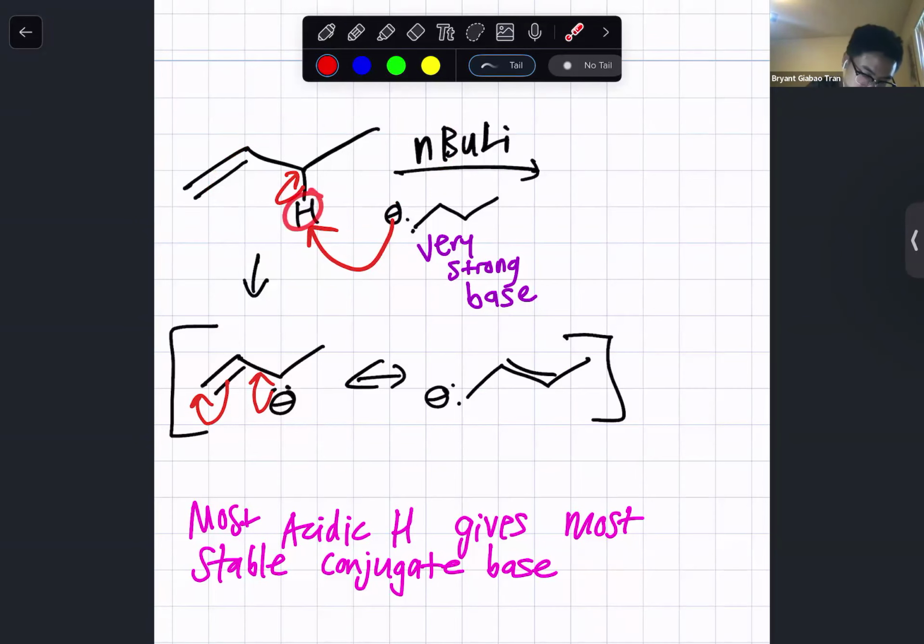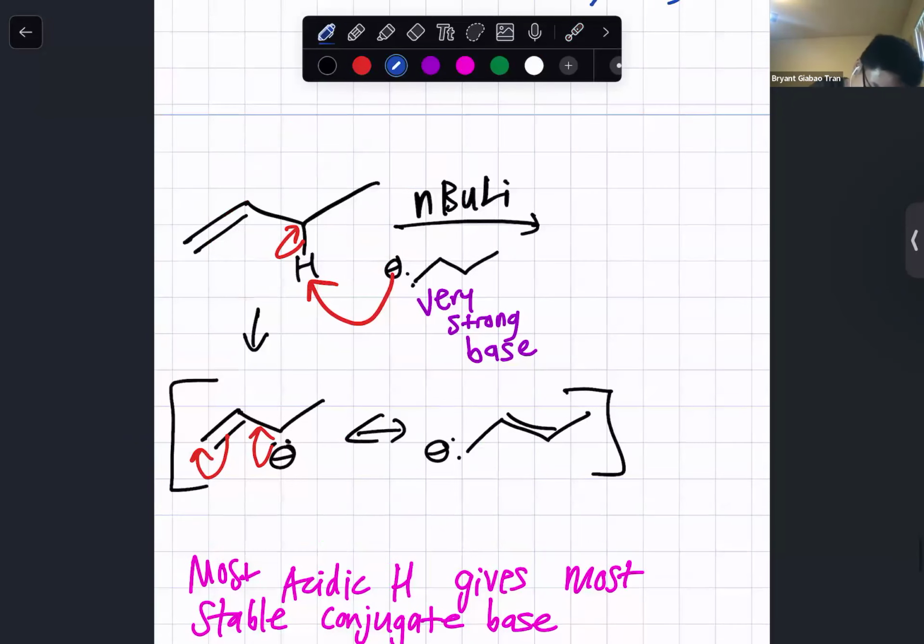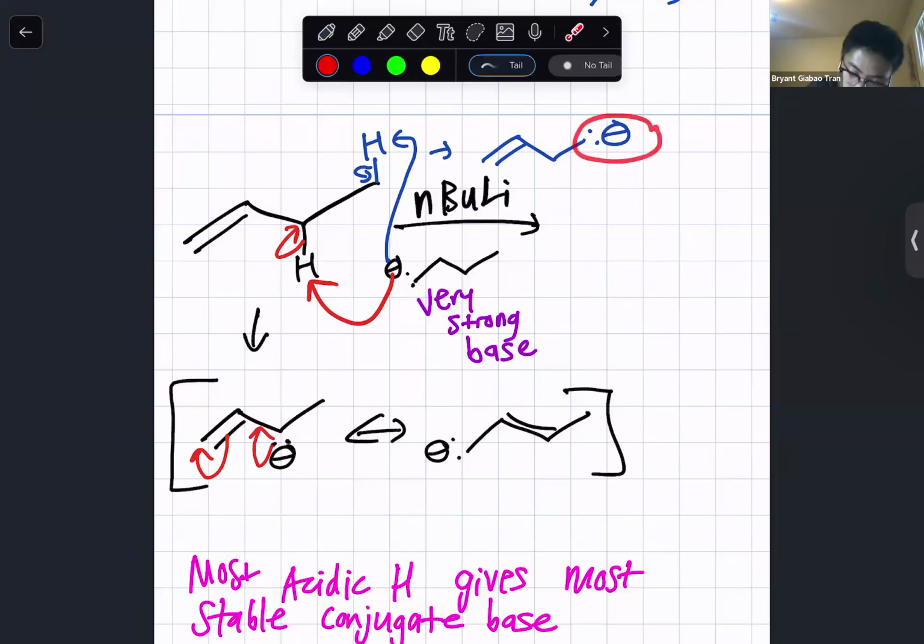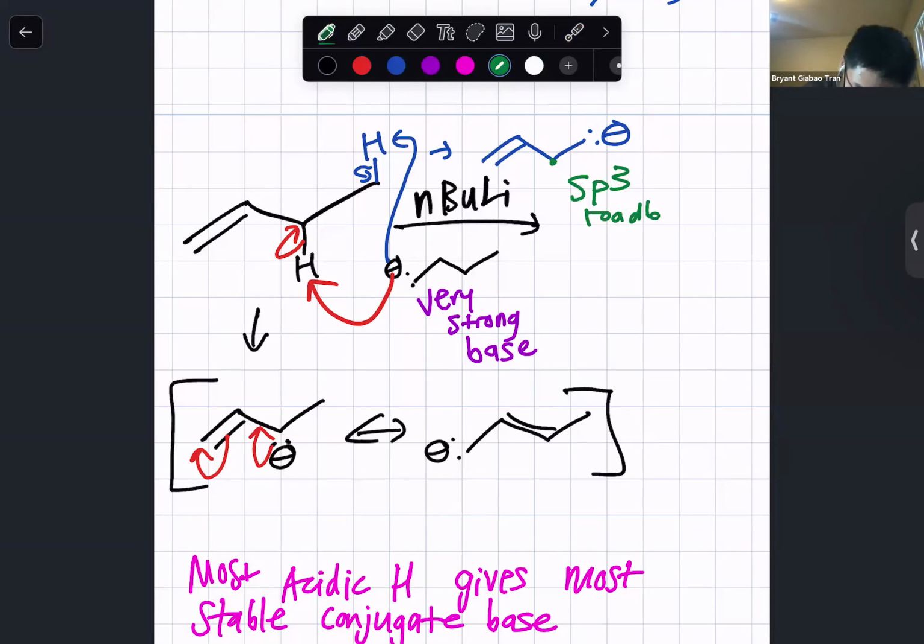This hydrogen here is more acidic than this hydrogen right there. That's because if we deprotonated that hydrogen, we are going to get this conjugate base right here, where we see that this conjugate base with that negative charge is not stable because it cannot do resonance. There is an sp3 roadblock here that blocks it from doing resonance with the double bond.